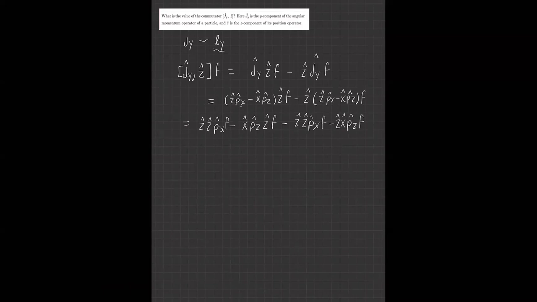All right, and then from here, we would just see what we can cross out. So this can cross out with this. And the only thing we're left with is this here. You can't pull out z in front because this takes a derivative here, and this is a z variable, so you can't take this out of it. So what you're going to be left with, if I take a negative out, oh wait.